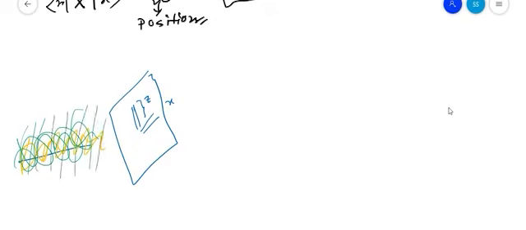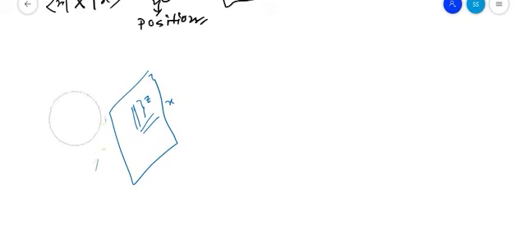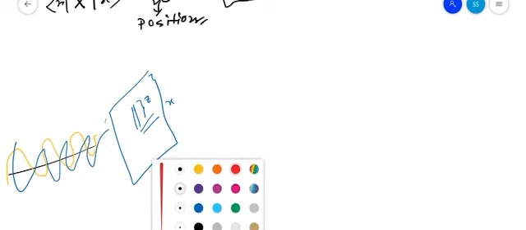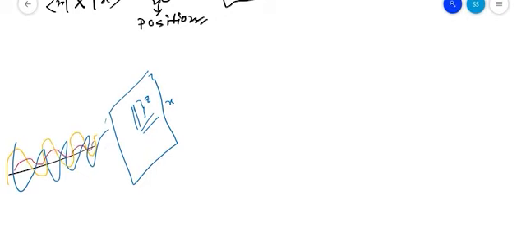Let's say light is coming like this, and you can draw more if you want. And these are my lights, and this is my polarizer.